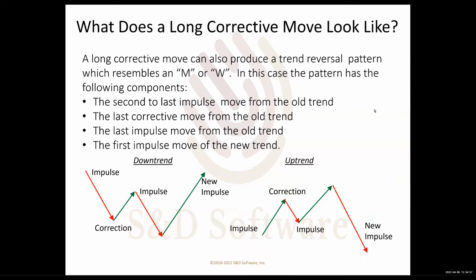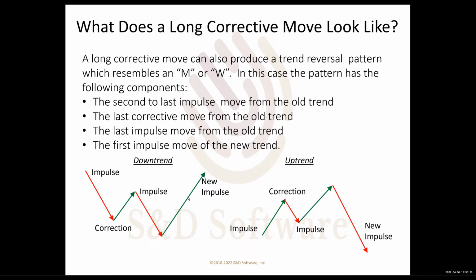Now, in the case of a long corrective move, we can also get something that looks like an M or a W. And so what we're seeing here is we have the last two impulses from the original trend and the last correction from the original trend. So this move should have been a correction if the original trend was to continue.